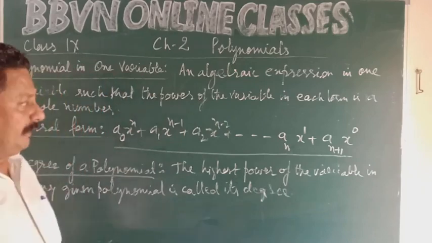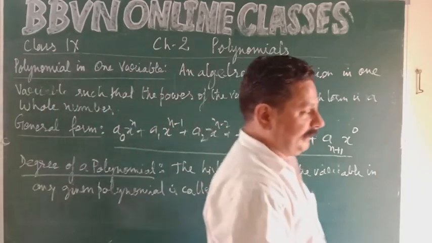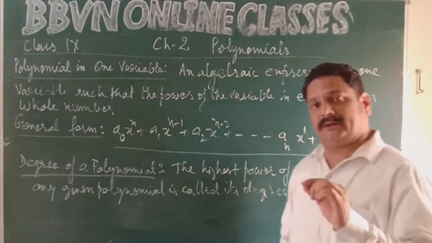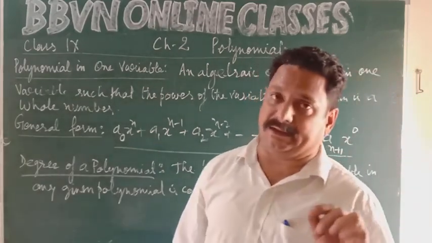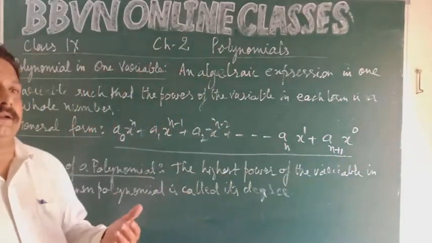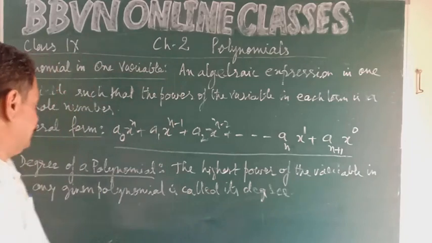In any polynomial, no matter how many terms are there and whatsoever the variable is, the highest power of the variable will represent the degree of the polynomial. And based on the degree of a polynomial it gets its name.